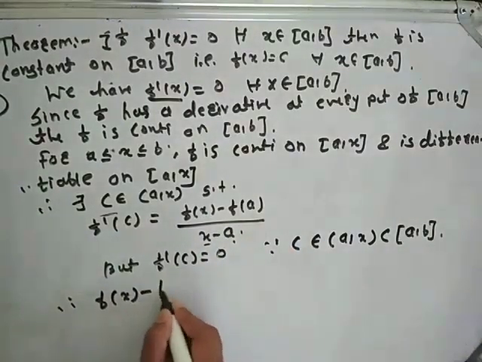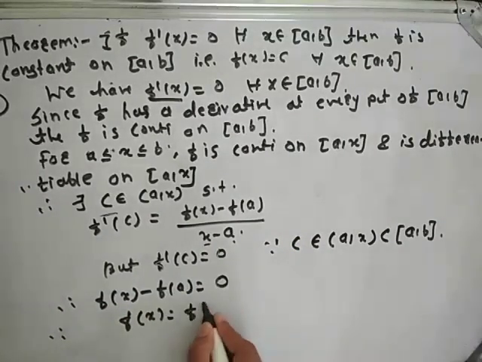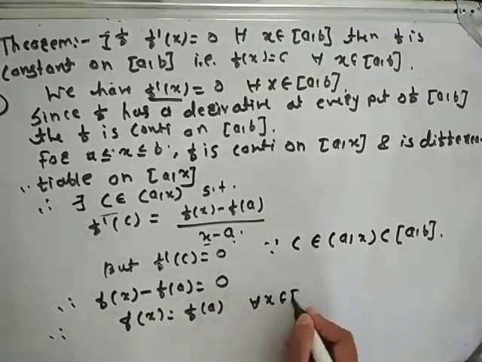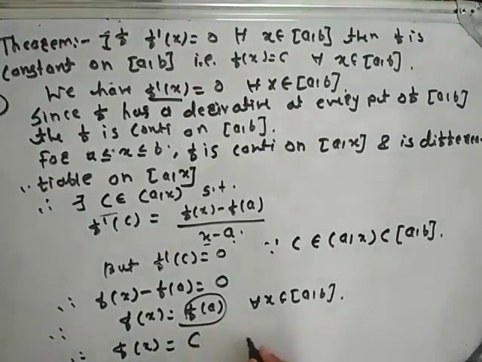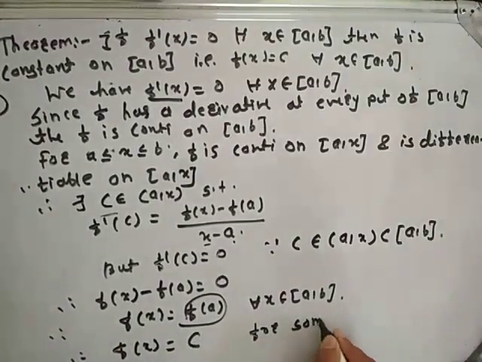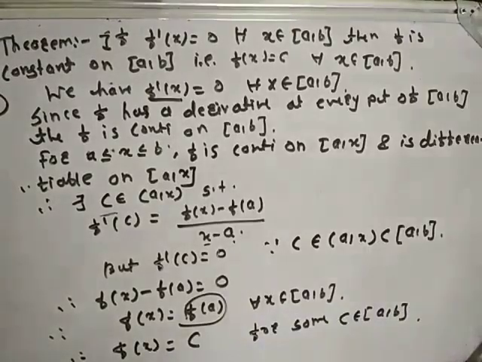That implies f(x) minus f(a) is equal to 0, so f(x) is equal to f(a) for all x belonging to closed interval [a, b]. This f(a) is nothing but a constant value, so we get f(x) equal to c. Therefore f is constant on closed interval [a, b].